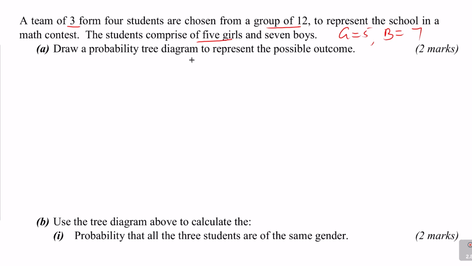So the first branch will be like this. The first branch, that is the first choice, boy, girl. Then the second choice, we have boy or girl.